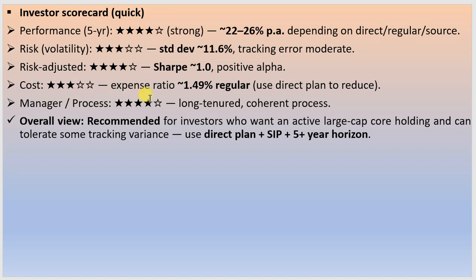Cost: 3-star, expense ratio 1.49 for regular; use the direct plan to reduce cost. Manager and process, long tenure: 4-star. Overall view: recommended for investors who want an active large cap core holding and can tolerate some tracking variance. Use direct plan plus SIP plus a more than 5-year horizon.